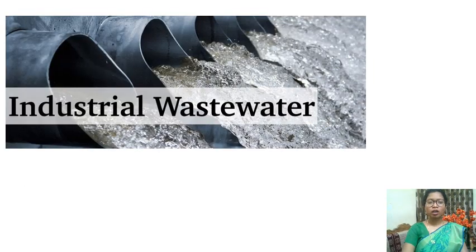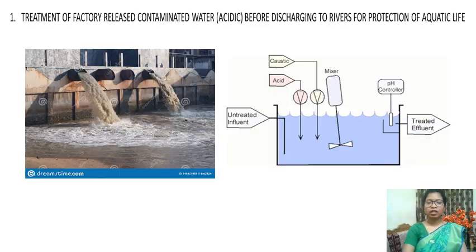Now you all must have seen that industrial wastewater comes out from industries and factories, and when this wastewater is discharged into the river, it harms the aquatic life. So we treat the factory-released contaminated water, which is acidic, before discharging to the rivers, because we want to protect the aquatic life.